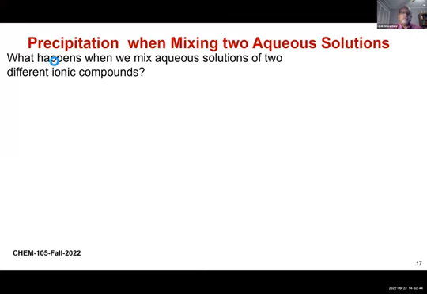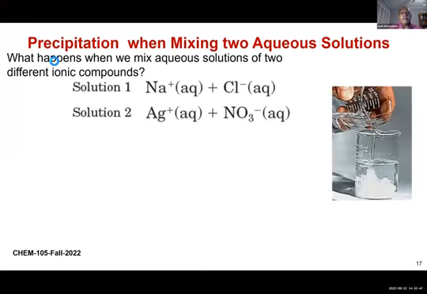For example, when the ionic compound sodium chloride is dissolved, you get solvated ions. We talked about this. Silver nitrate is a soluble salt. It dissolves. This is silver nitrate, and in the beaker is sodium chloride. This is the precipitate. When you add these two, they form a precipitate.